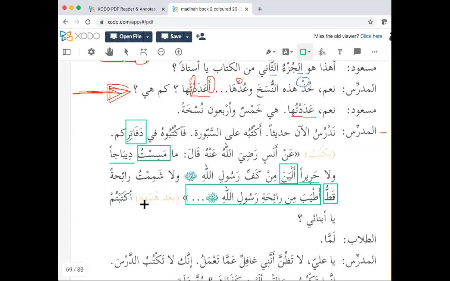Then the teacher said, then over here you see this word hunayha, ba'da hunayhatin, a short while. Hunayha means a short time. He asked them, akatabtum ya abna'i, have you written it? Okay, the purpose of this hadith being mentioned here, what's the purpose? Please, someone tell me. Why does the teacher want to mention this hadith? Masistu, shamimtu.